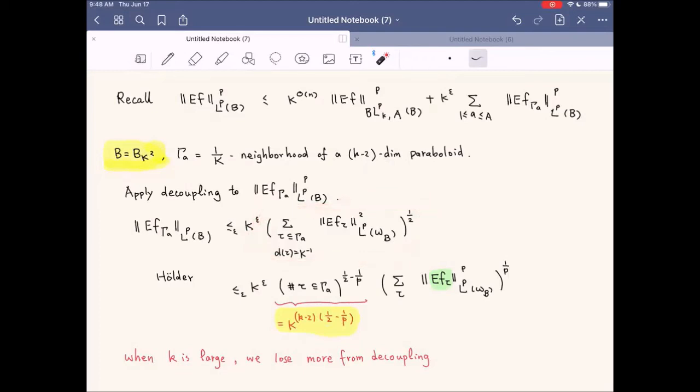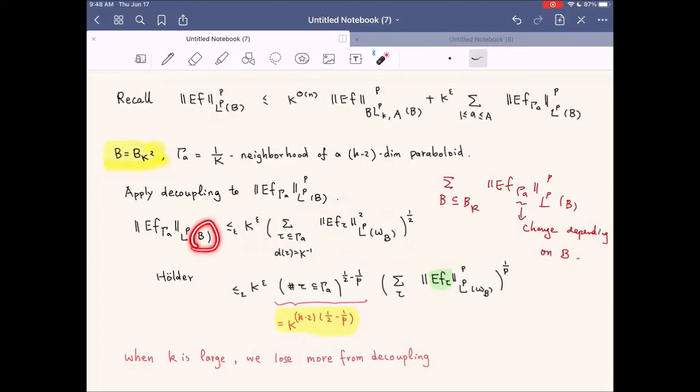But in the end, we want to sum over all the B in BR, EF gamma A, and also those gamma A's will change depending on B. So here is what we do.